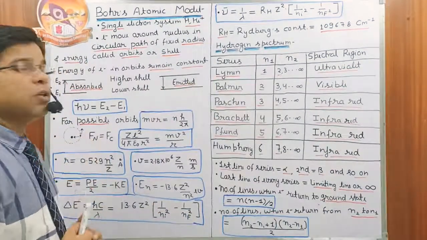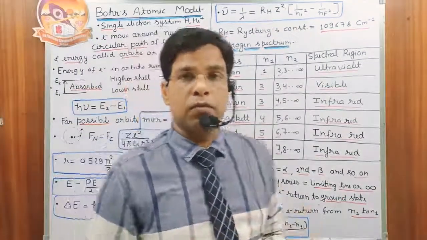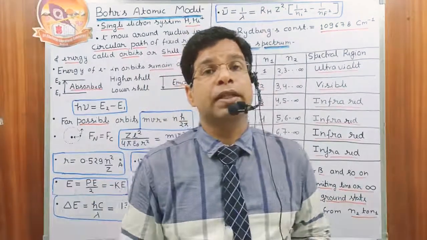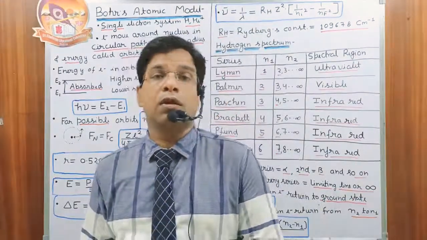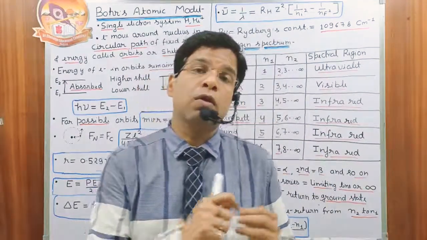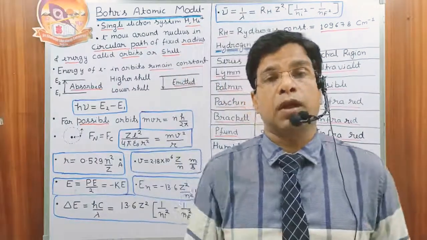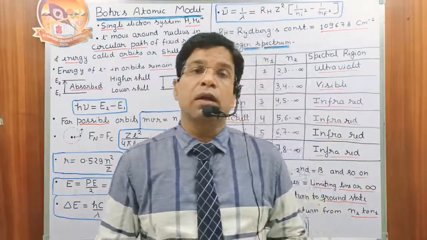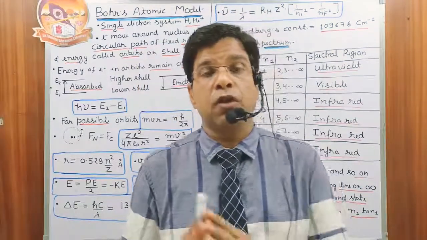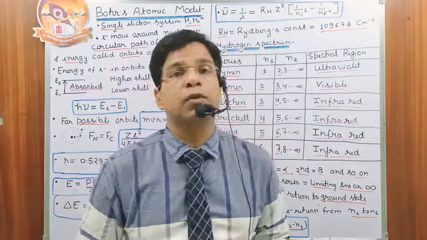Then possible orbits: which circular path is possible? For this they have given one assumption. They said those circular shells, those circular paths, those orbits are possible for which the angular momentum of the electron, mvr, is an integral multiple of h upon 2 pi.